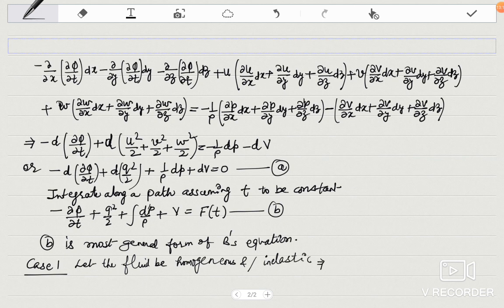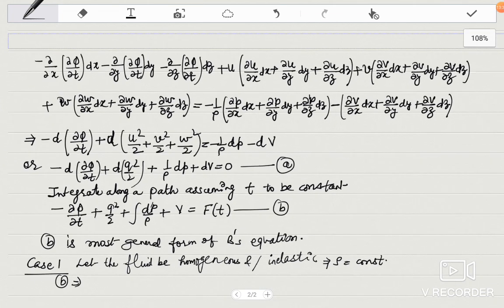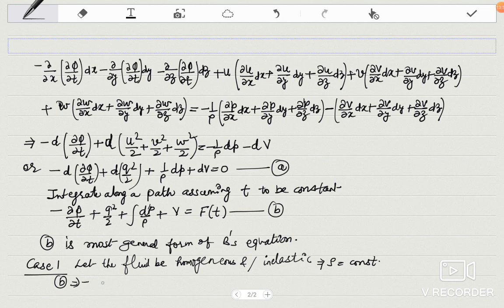This simply means that ρ is equal to constant, then B implies minus ∂φ/∂t plus q²/2 plus, now what will happen with this? ρ will come outside and this will be p/ρ plus v is equal to f(t). This is a form of Bernoulli's equation of motion.